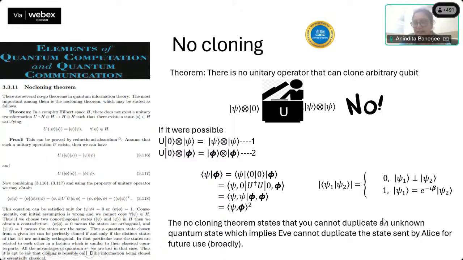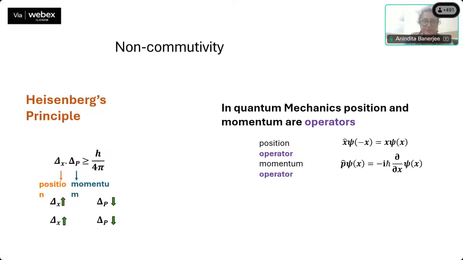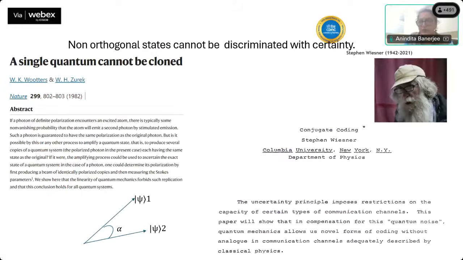I cannot duplicate an arbitrary quantum state, but I can only duplicate a state which is either equal or orthogonal to it. These are the papers by Wootters and Zurek and Wiesner's paper on conjugate coding. They were the first people to propose how this feature can be used for quantum cryptography. Most quantum cryptography, QKD, is based on the fundamental principles of no cloning or using non-orthogonal states.